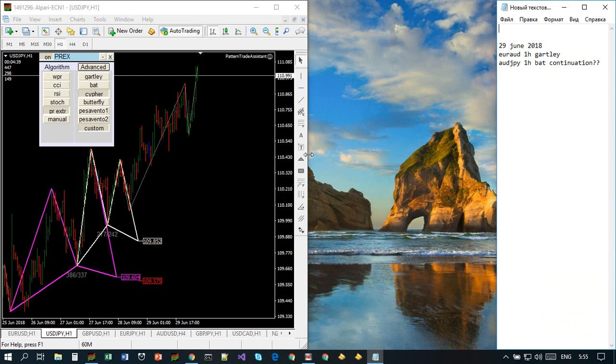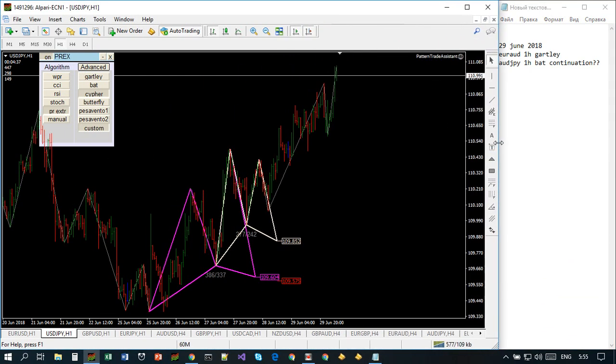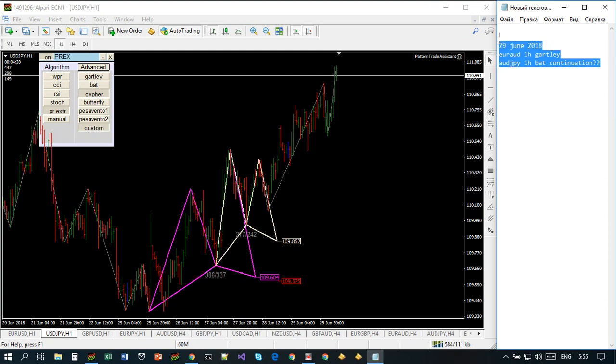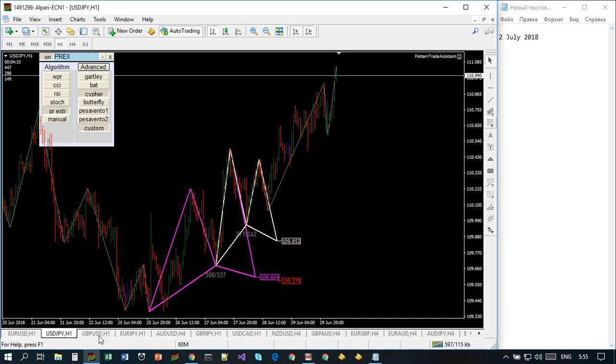I will type a list of patterns that I'm interested in. Euro Aussie 1 hour Gartley, Aussie Yen 1 hour BAT continuation. They were wonderful trades on the 29th of June. Today is the 2nd of July, 2018. If I find something, I will type a pair and the time frame as well.